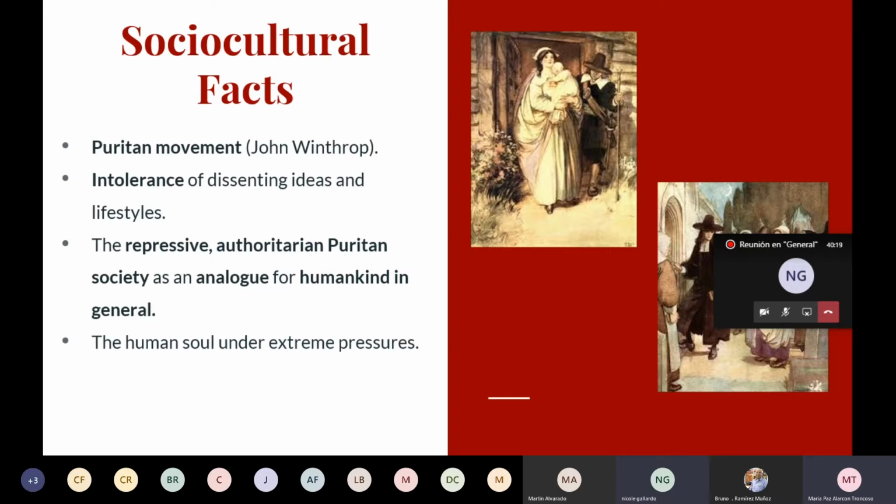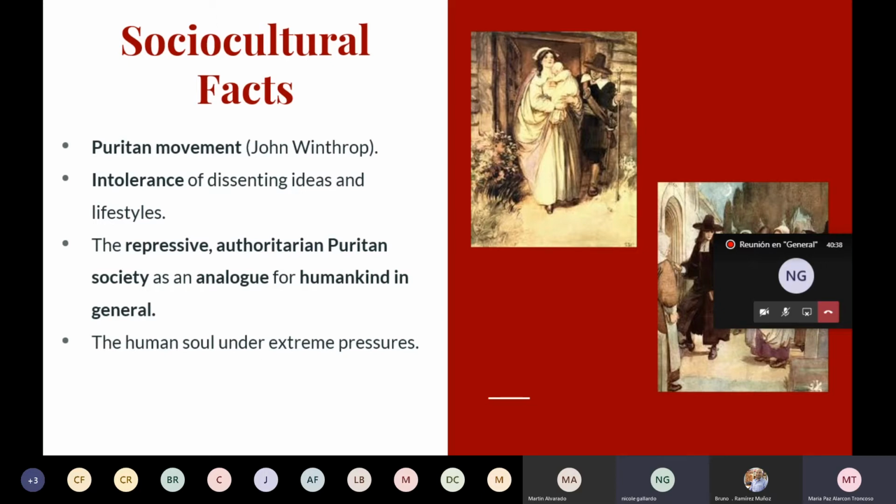And you can see this reflected in Hester, Dimmesdale, and Chillingworth's life, because they were part of this Puritan society, and it also reflects universal experiences during this period.